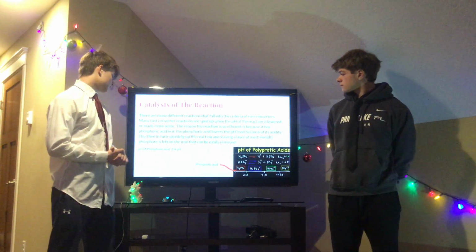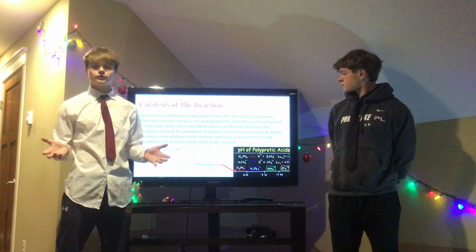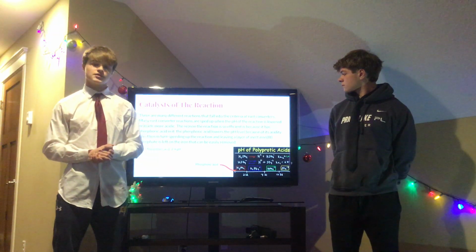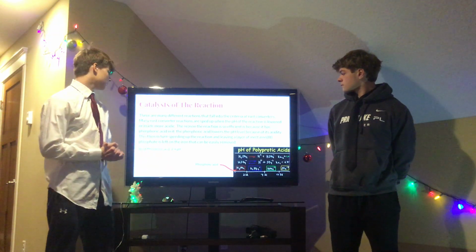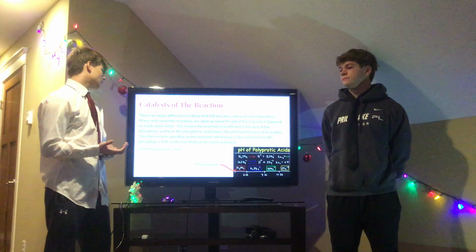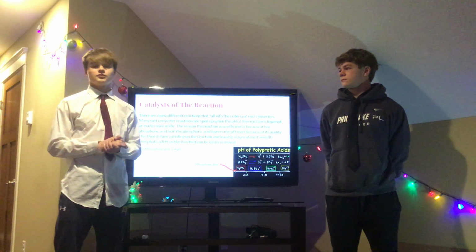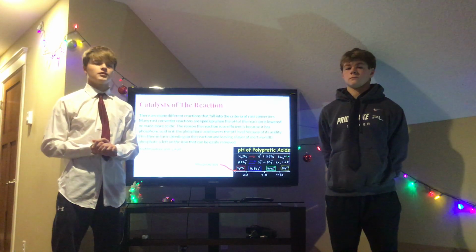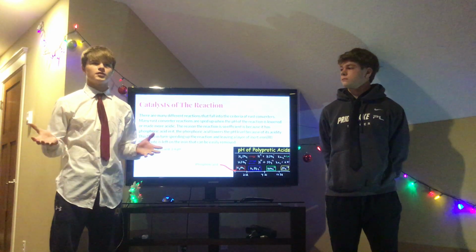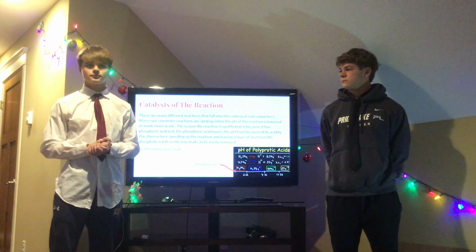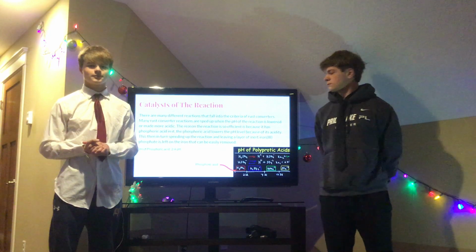The pH of phosphoric acid happens to be 2.4, which is very low on the pH scale. It makes the reaction a lot more efficient when the pH is lowered, and it helps the reaction go faster.